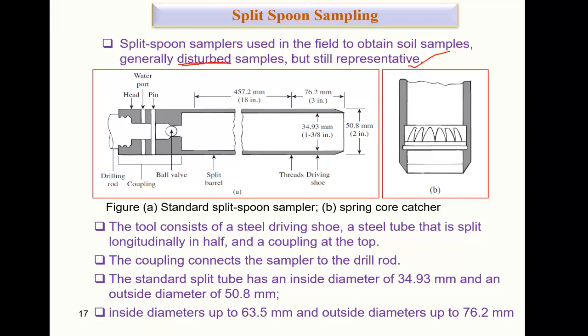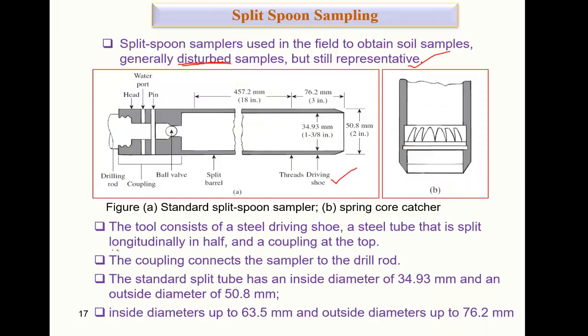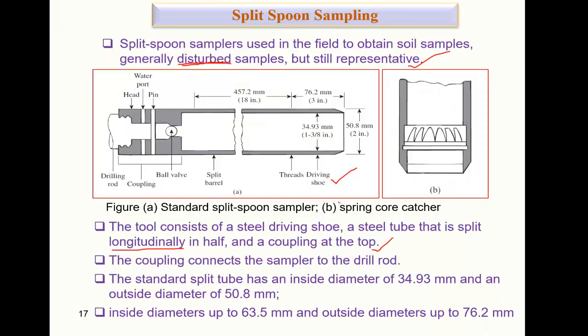The tool consists of a steel driving shoe and a steel tube that is split longitudinally, in half. At the top you have a coupling, and the coupling connects the sampler to the drill rod.